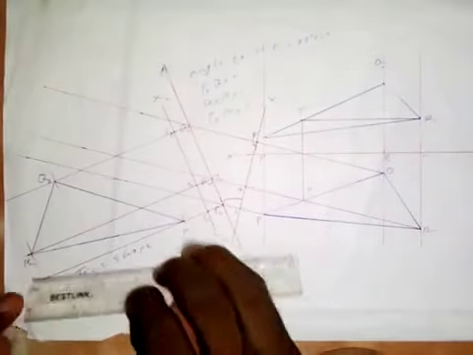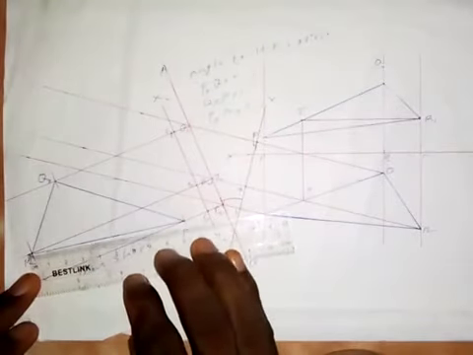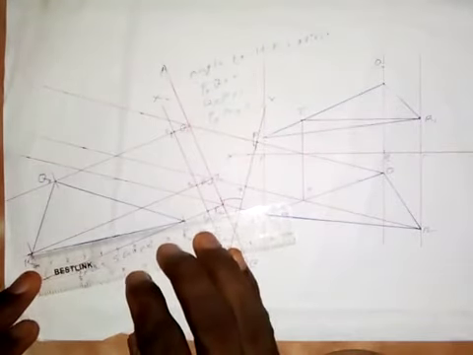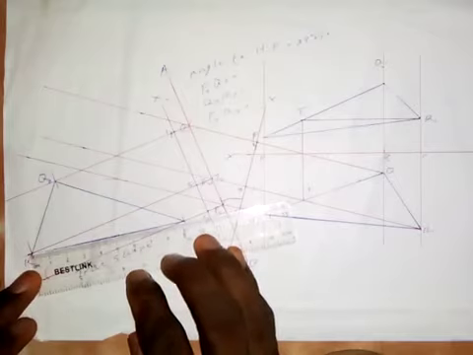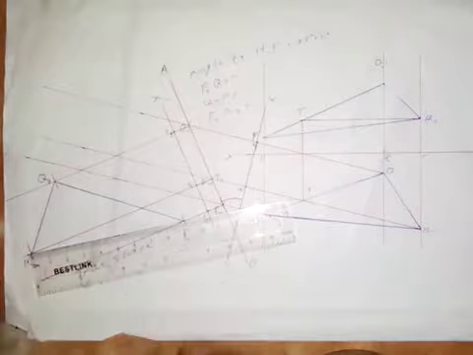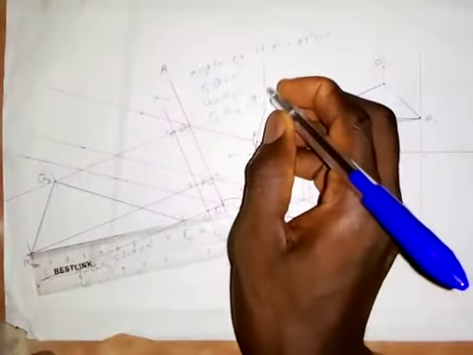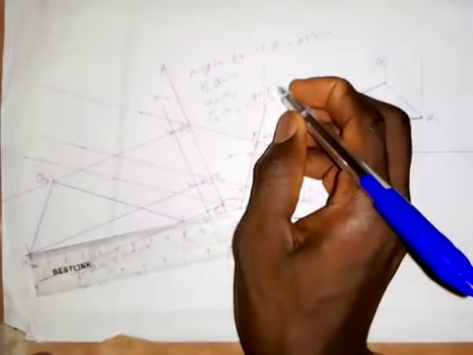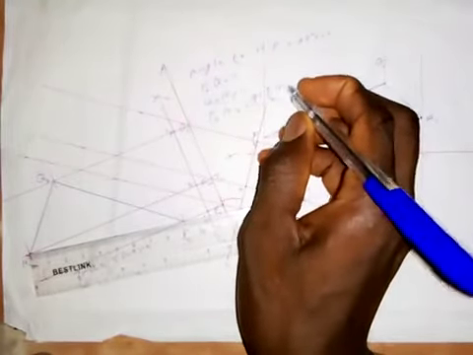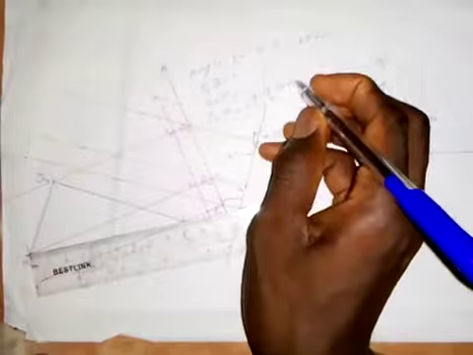If I measure P3R3 from here, this is 91. So here I have this to be 91, plus or minus 1 millimeter. So 91 plus or minus 1 millimeter.